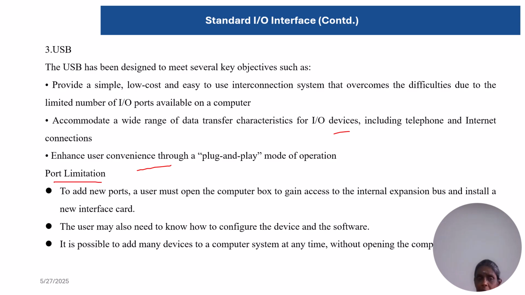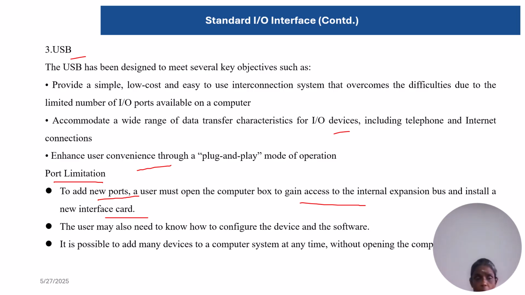Next one, port limitation. So how to overcome this port limitation? By using USB. To add new ports, the user must open the computer box to gain access to the internal expansion bus and install a new interface card. So to expand the number of ports, we have to open the computer box.